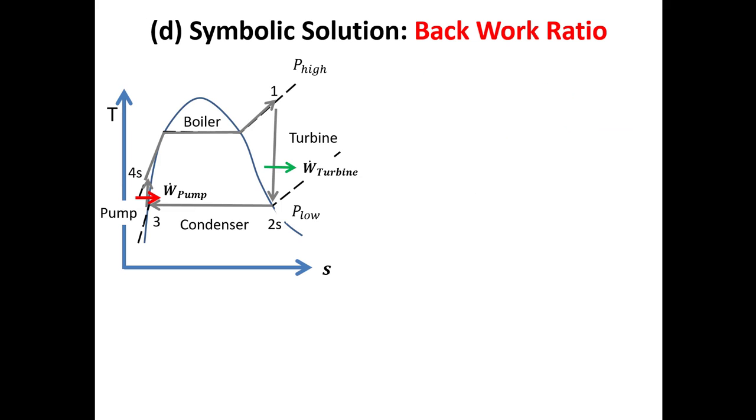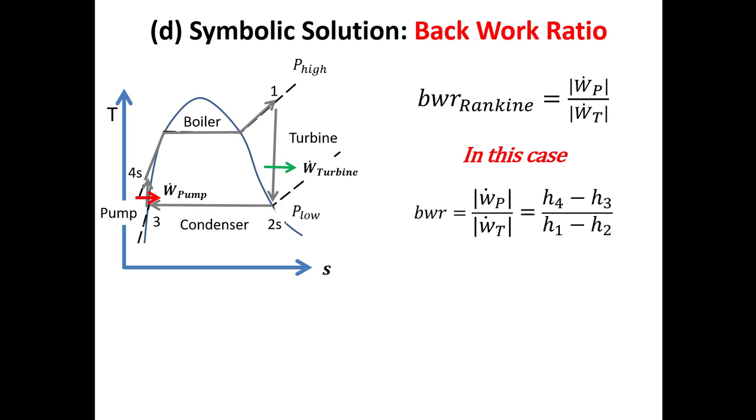So now I want a symbolic solution for my back work ratio. Back work ratio, we said, is the power of the pump divided by the power of the turbine. We want this value to be low because the first consumer of the power from the power plant is the power plant itself, right? So we want the power plant to consume as little power as possible.